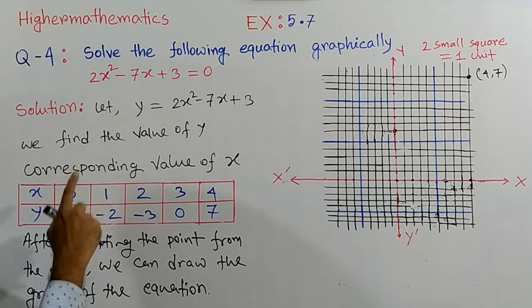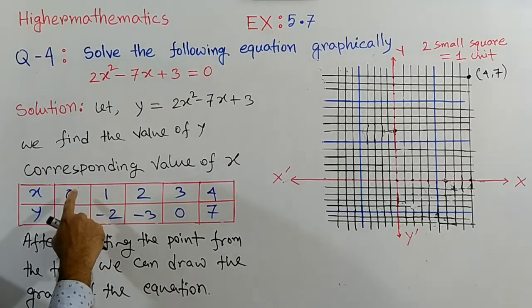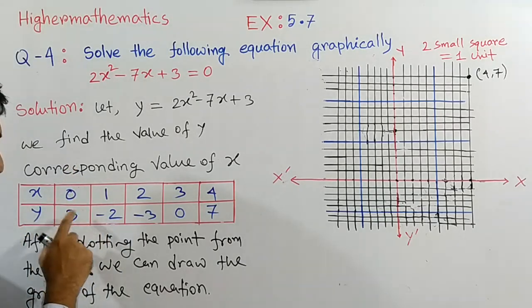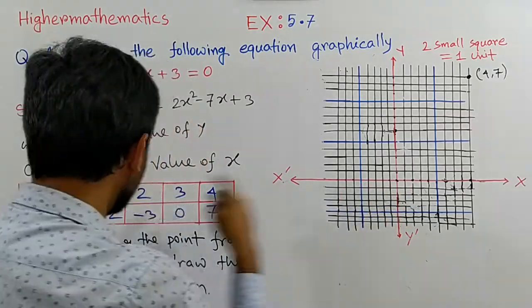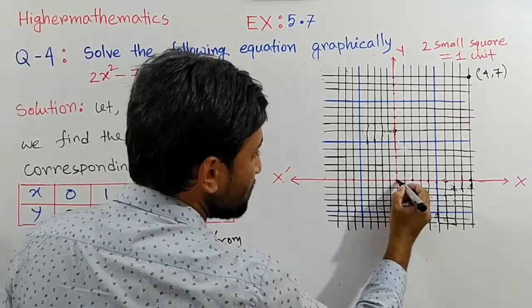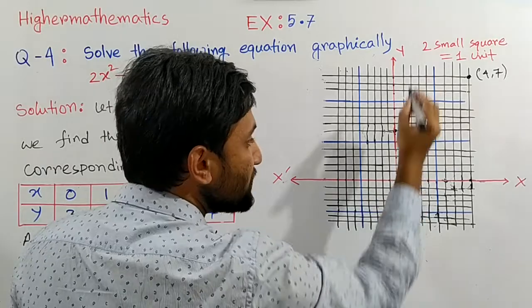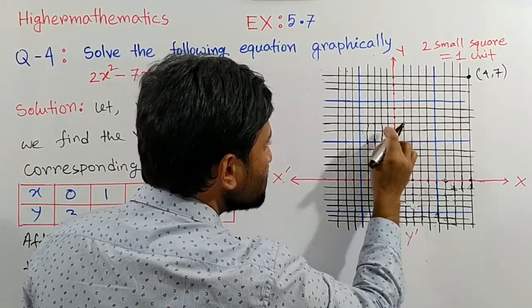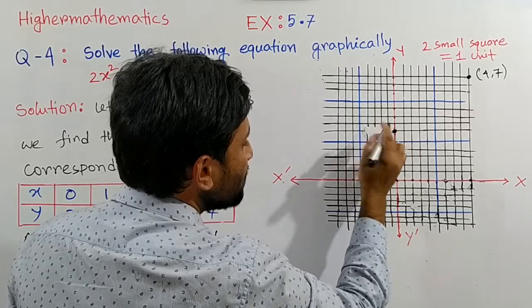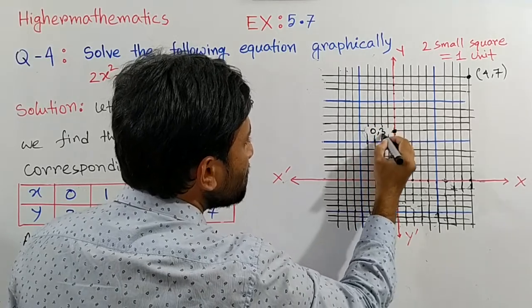So for the first point (0, 3), 0 into 2 is 0, and 3 into 2 is 6. So the point is (0, 6) on the graph. This is the (0, 3) point. Mark it here.